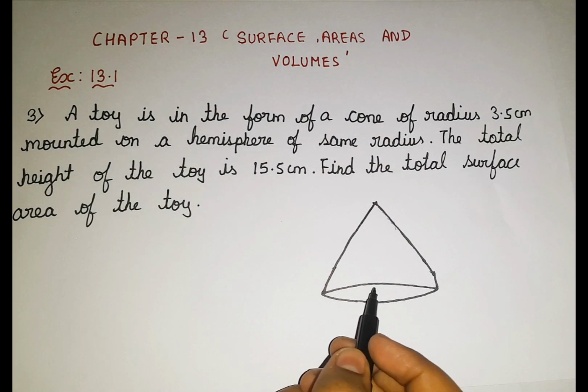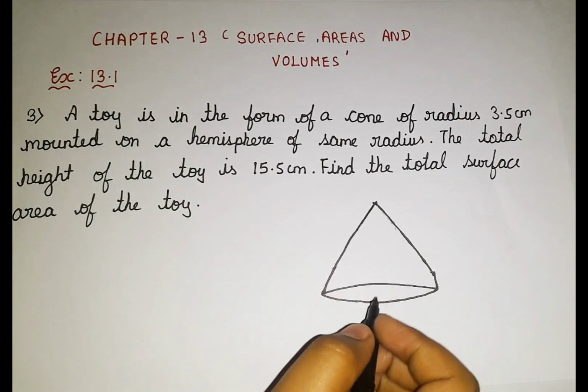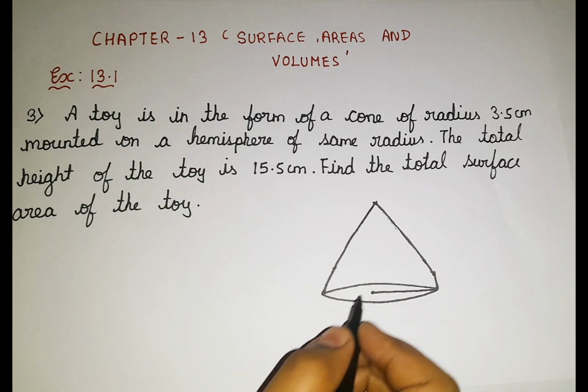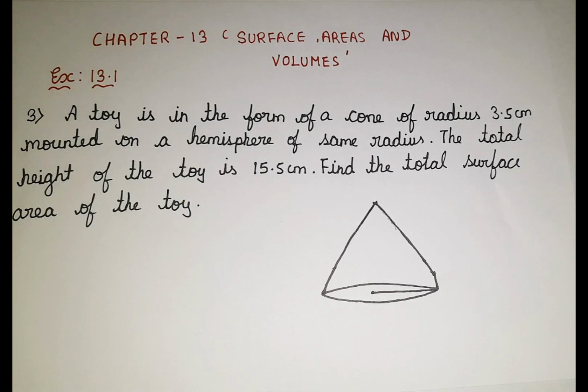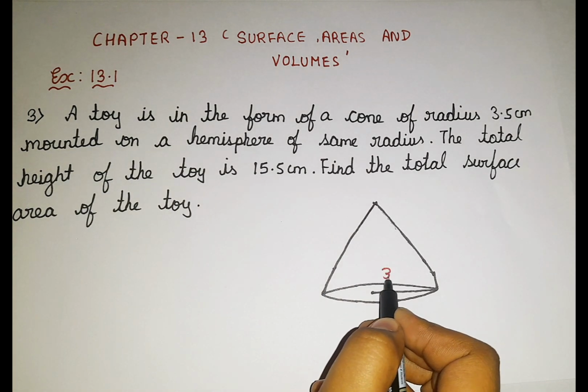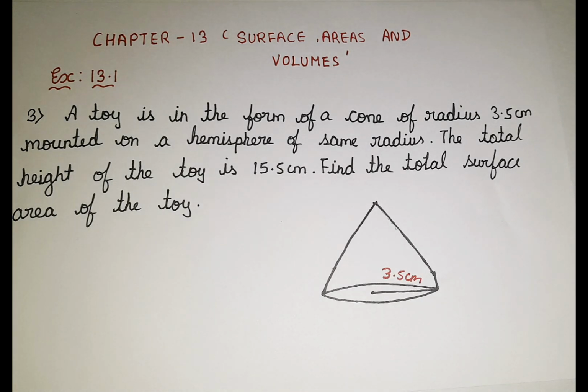So it has a radius. Radius means from here to here. So the radius is 3.5 cm. Now I just took the radius as 3.5 cm.